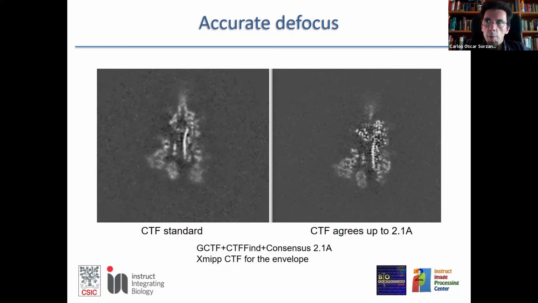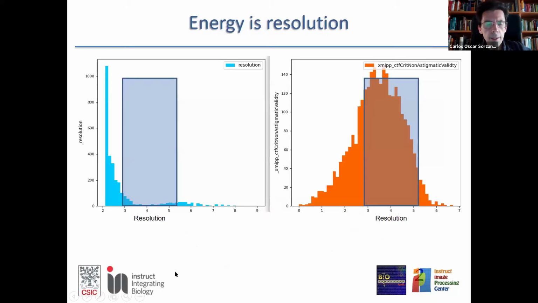So the errors that you commit in the defocus estimation affect the final result very much. And normally we tend to look at the resolution of the micrographs independently, and resolution you can think of as having energy: up to which resolution do I have energy. In this data set, we had energy up to 2 or 3 angstrom resolution, but it is not only energy, this energy has to be coherent in all directions, and that is captured by astigmatism.